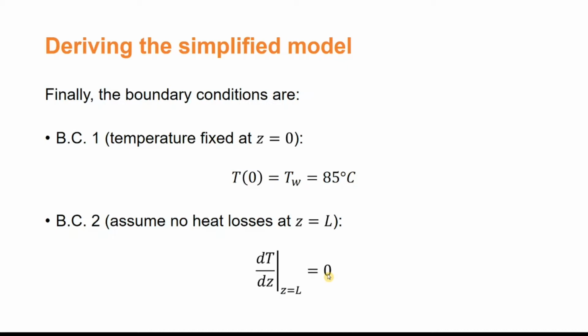This is a reasonable assumption because B is much smaller than W. Nearly all of the heat loss will be from the main surface at the top and bottom of the fin. By comparison, the losses from the edges are practically 0. So that is our model. And next, we will want to solve it.